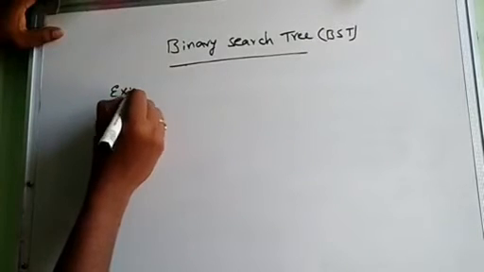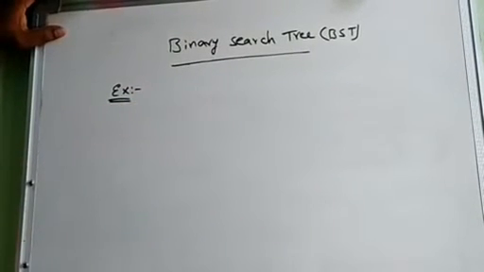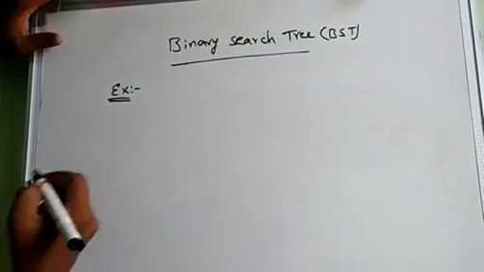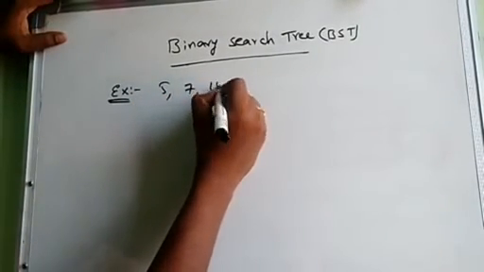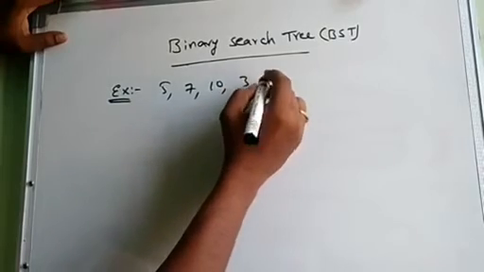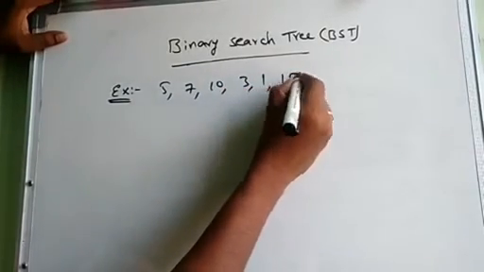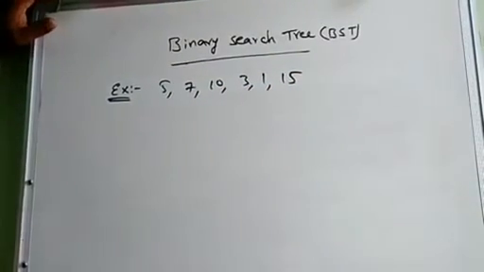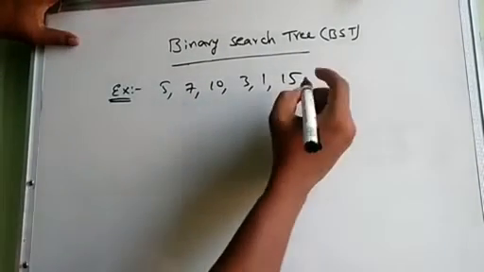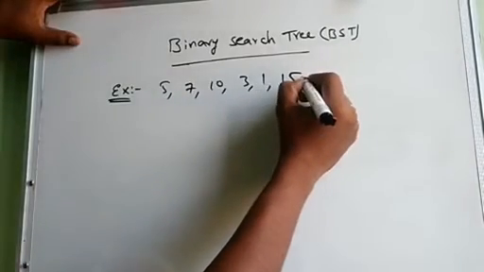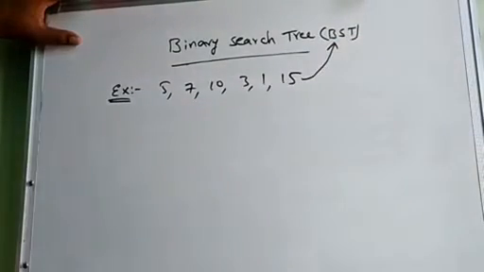To construct a binary search tree, suppose the user gives the inputs like this: 5, 7, 10, 3, 1, 50, 15. Using these elements, how do we construct a binary search tree?